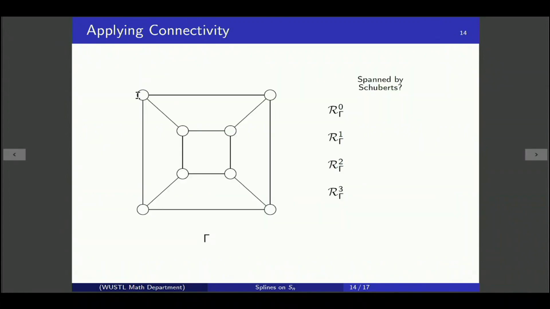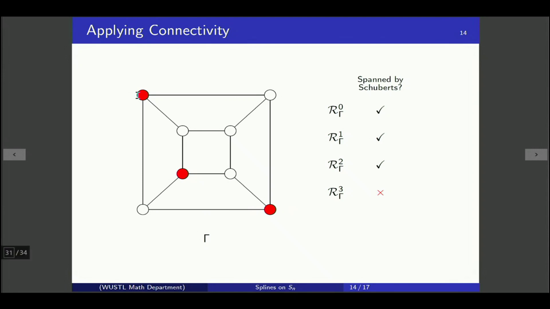How does this look in an example? Well, we can go graded piece by graded piece, and this graph is not disconnected, so it's 1-connected. And the constant spline does span that 0th graded piece. We also can't delete any 2 vertices. We can't delete any 1 vertex, we can't delete any 2 vertices.